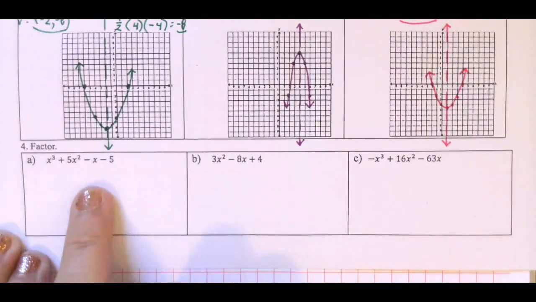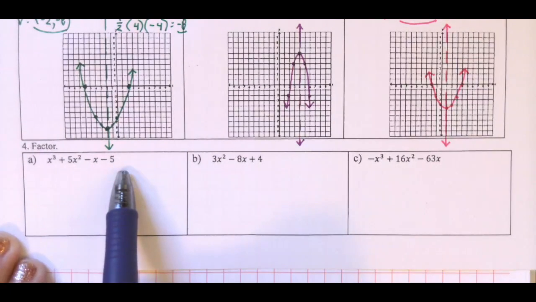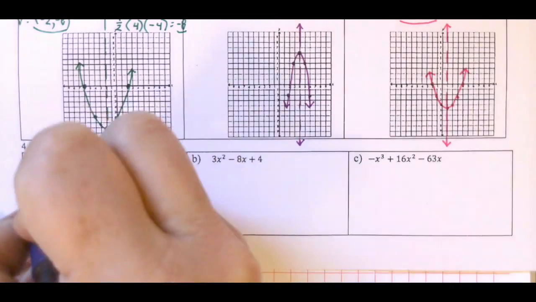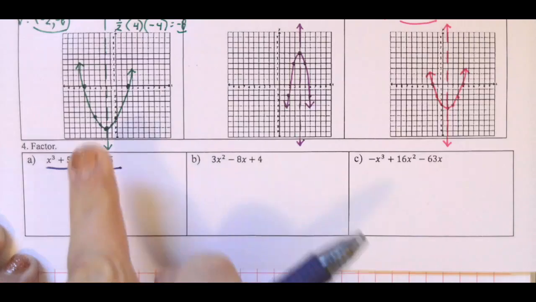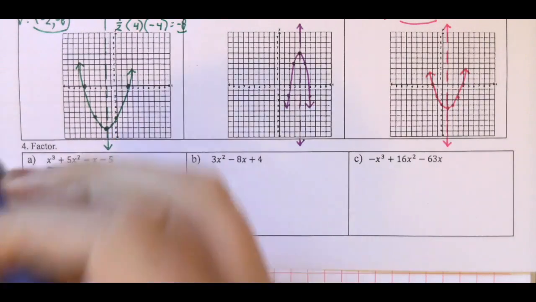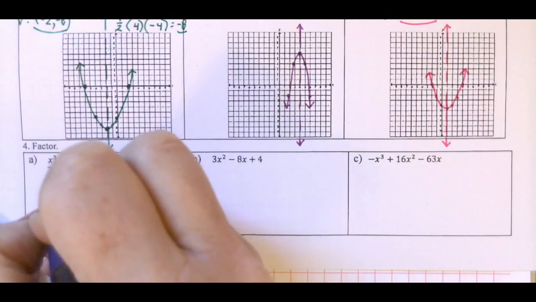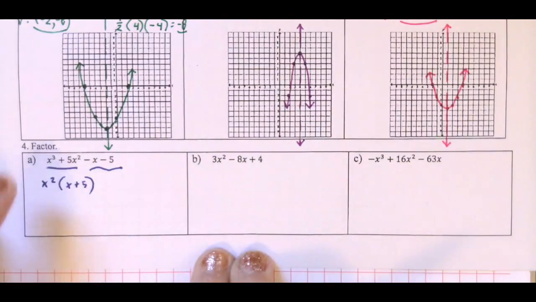This first expression here has 4 terms to it, so the only way that we can factor that down is by grouping. So we group the first 2 and then the last 2. I look for a GCF. They share an x squared in common, leaving behind an x plus 5 in parentheses.